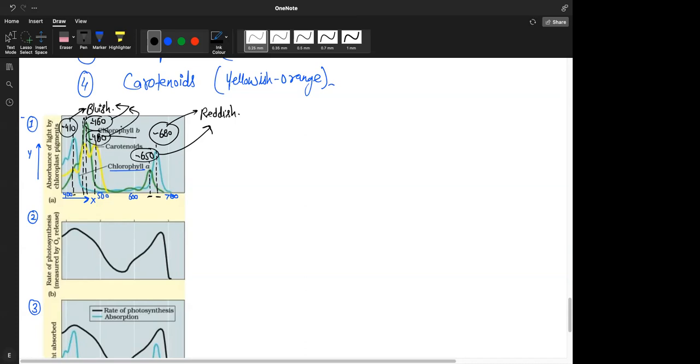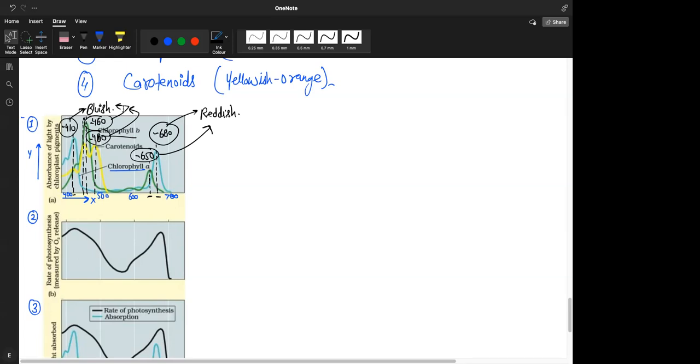Still bluish, right? So carotenoids have one peak around 450 and one around 480. Two peaks. And so either bluish or reddish. You see that absorbance is maximum only in these two wavelengths of light. Clear, everyone?